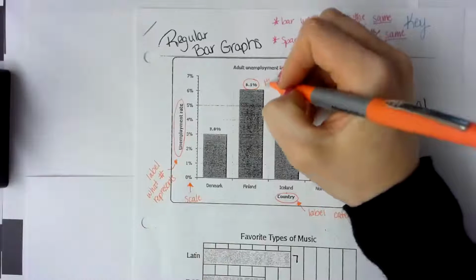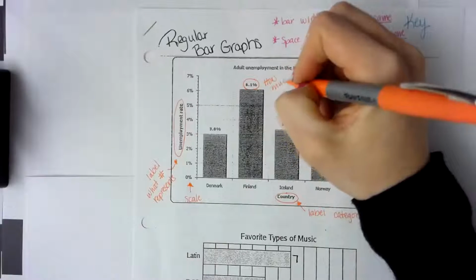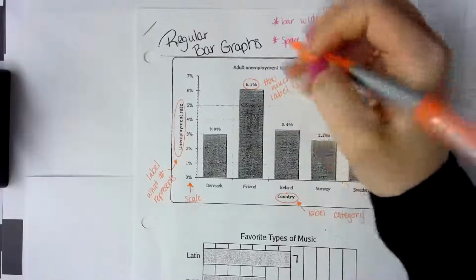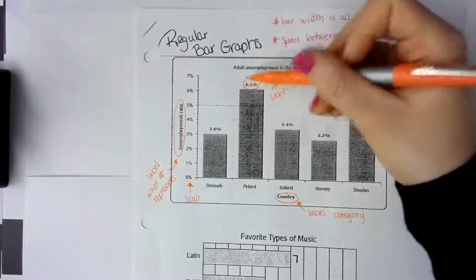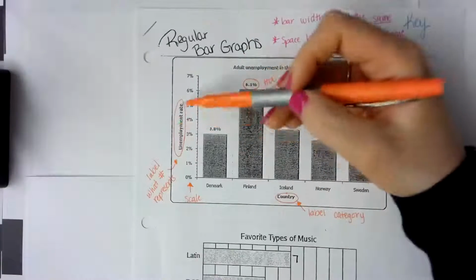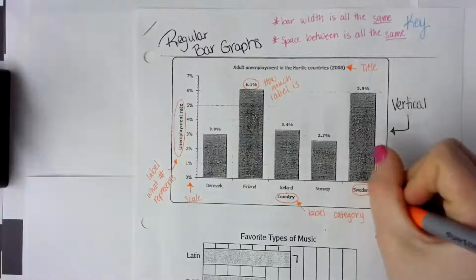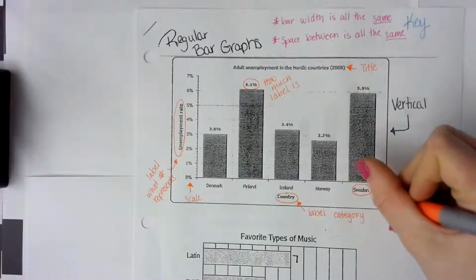That's how much your label is. So that's for your category, how much for that particular country is your unemployment rate. And then here is your actual category items.